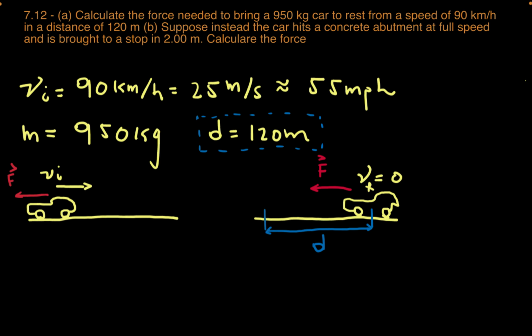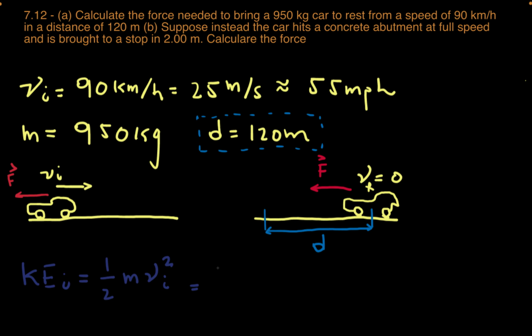Let's say that we want to find the kinetic energy initial. So initial is just with the velocity initial. Kinetic energy initial, if you remember from the last video, is 1/2 mass times velocity squared.